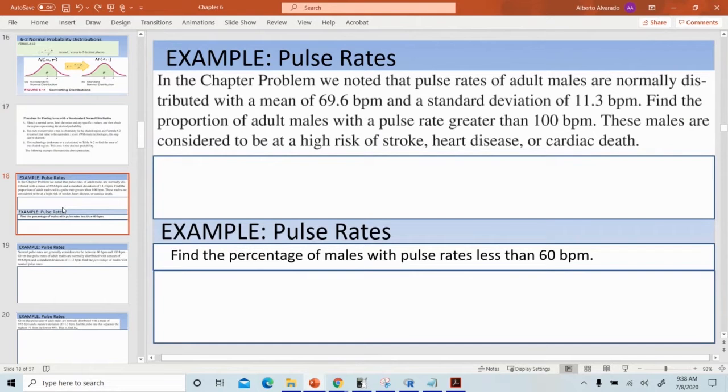Okay, so here we have a question on pulse rates. We noted that pulse rates of adult males are normally distributed with a mean of 69.6 and a standard deviation of 11.3. Find the proportion of adult males with a pulse rate greater than 100 beats per minute. Okay, so we're gonna draw a picture.